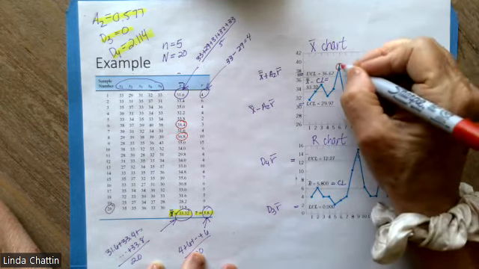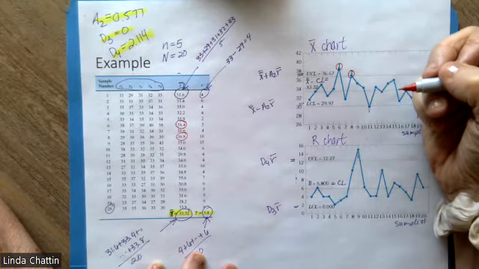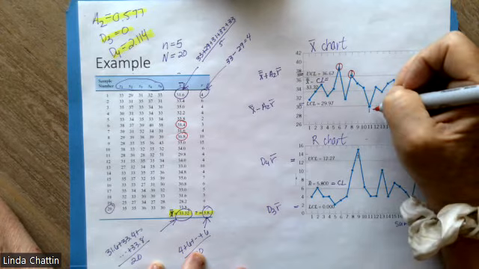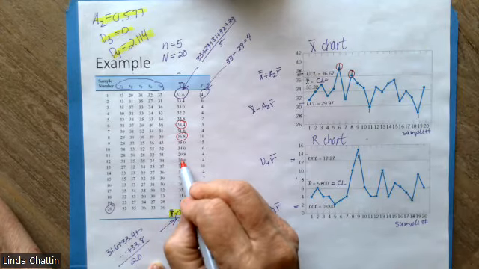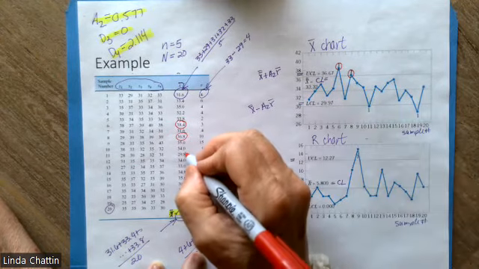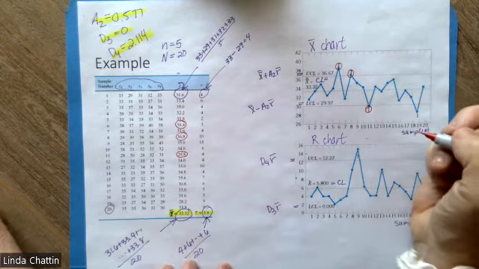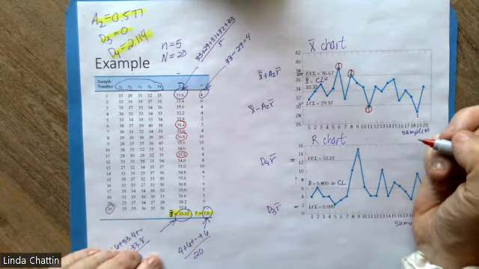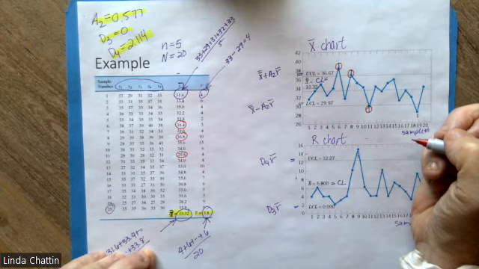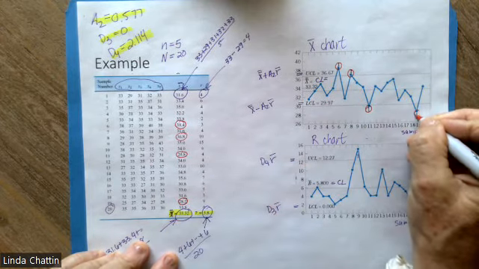I kind of wish they had just put a little star, but that's okay. Then there was another one out of control here. Sample 11 is below the lower limit of 29.97; this one is 29.8, so that's this point here. And finally, sample number 19 is also out on the low side on the X bar chart.